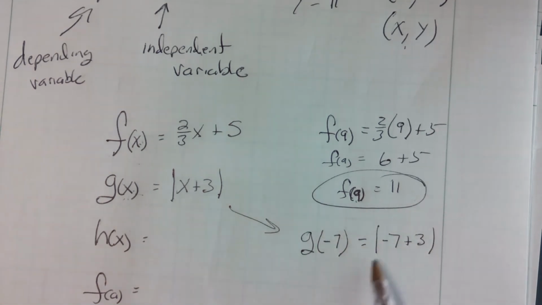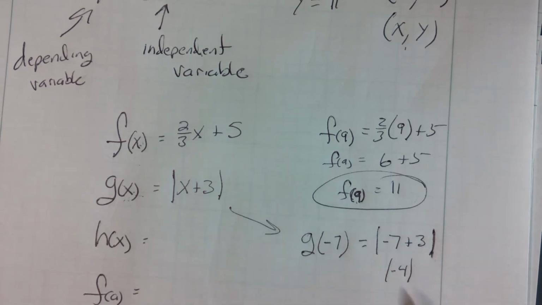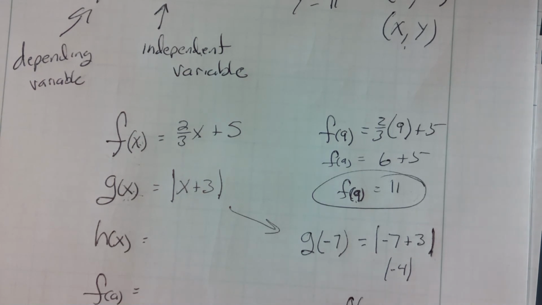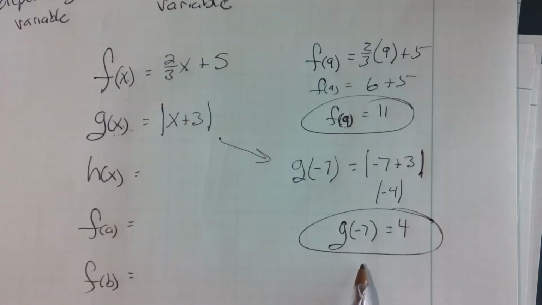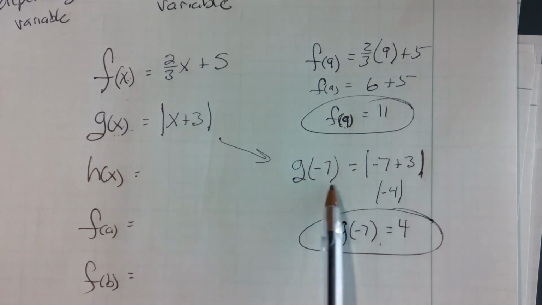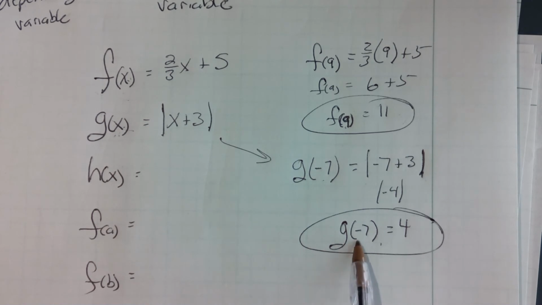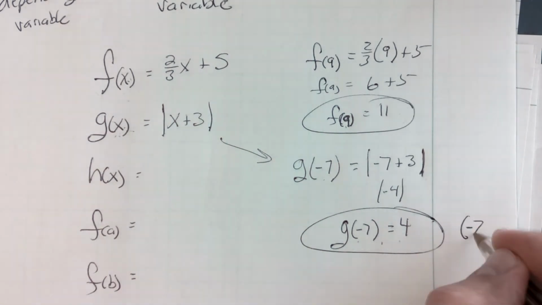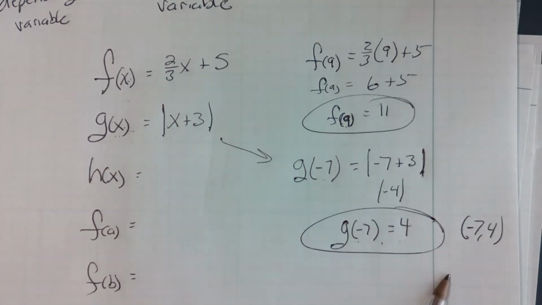Remember, these straight up and down bars are absolute values. -7 plus 3 is -4, but when we take the absolute value of it, we find that g of -7 is 4. That is our solution for the g function evaluated at -7. The output is 4, or this is literally the point (-7, 4) as a coordinate point, an xy point.